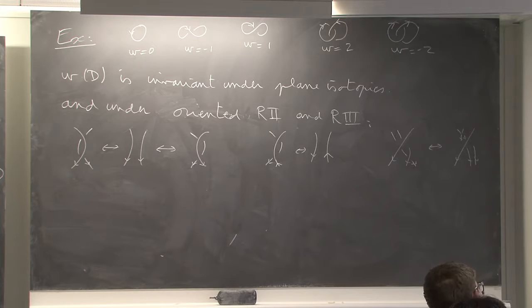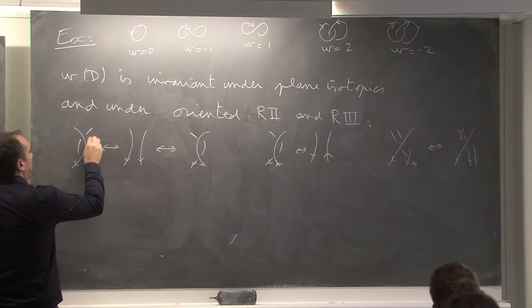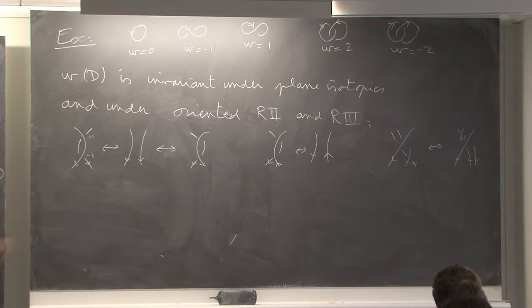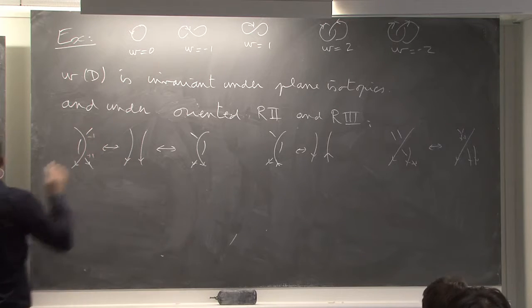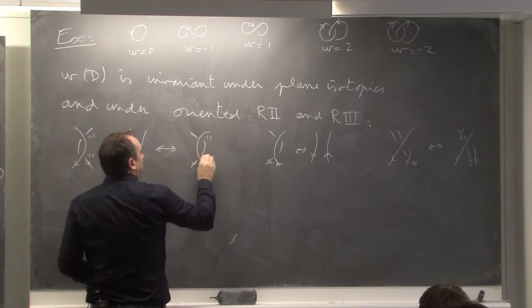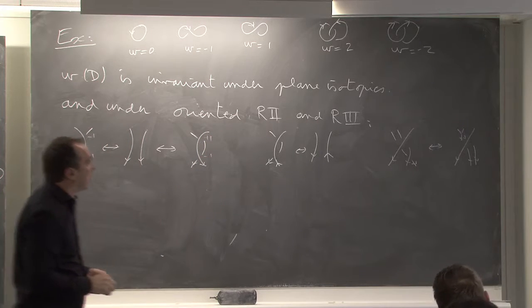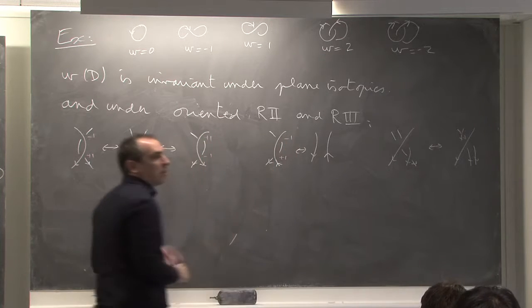So the invariance here is clear because this crossing is positive, this one is negative. No, the inverse. This is negative, this is positive. This one is positive, this is negative. So this one is +1, -1. Okay.